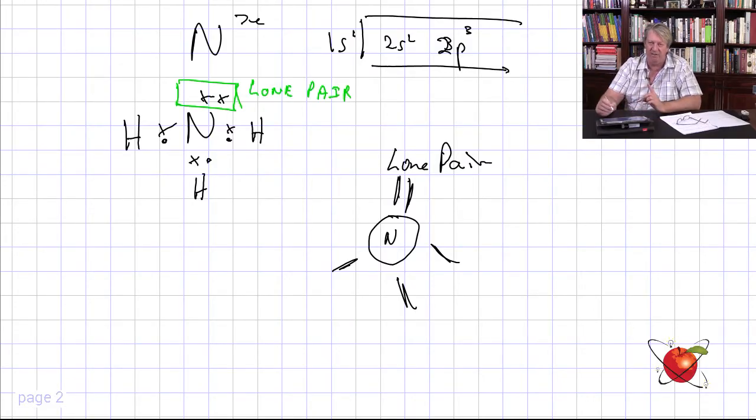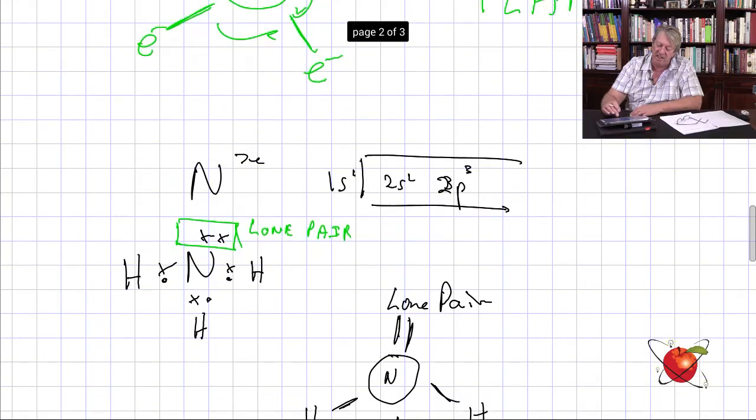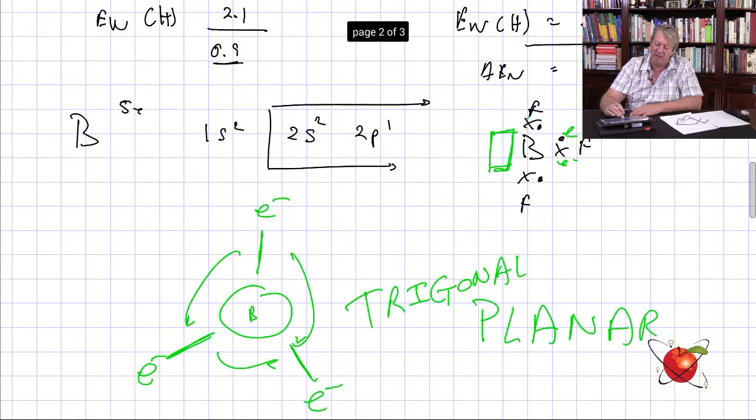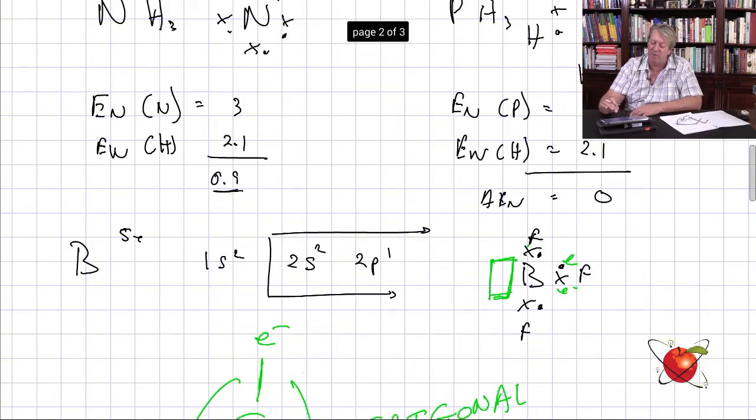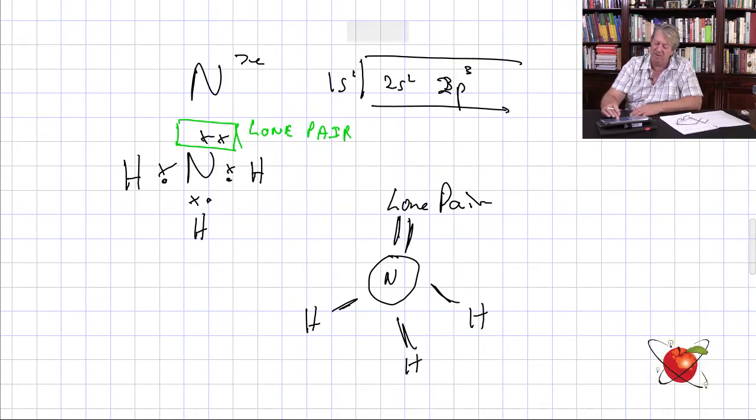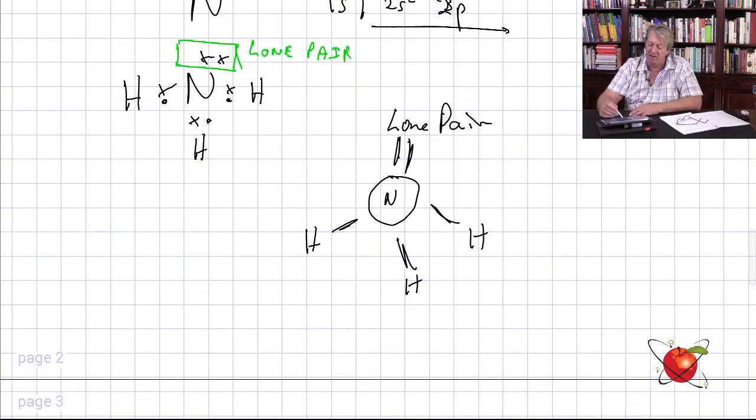This lone pair, however, because you've got an H down here and an H down here, remember what we said about the difference in electronegativity. We said the difference in electronegativity between them was essentially 0.9, so it's 0.9.